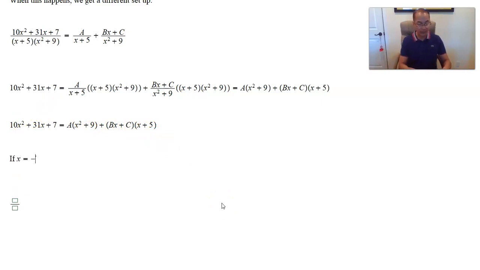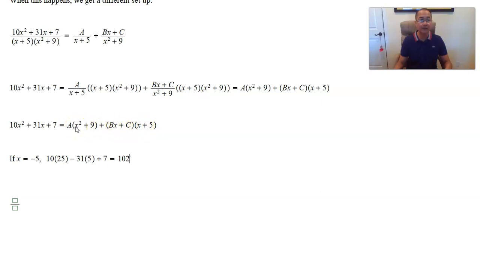If x is -5, then we get 10 times -5 squared, 25, plus 31 times -5, minus 31 times 5, plus 7, and this is equal to 102. And on the right side, the second term completely goes away, both b and c, because that's a 0.